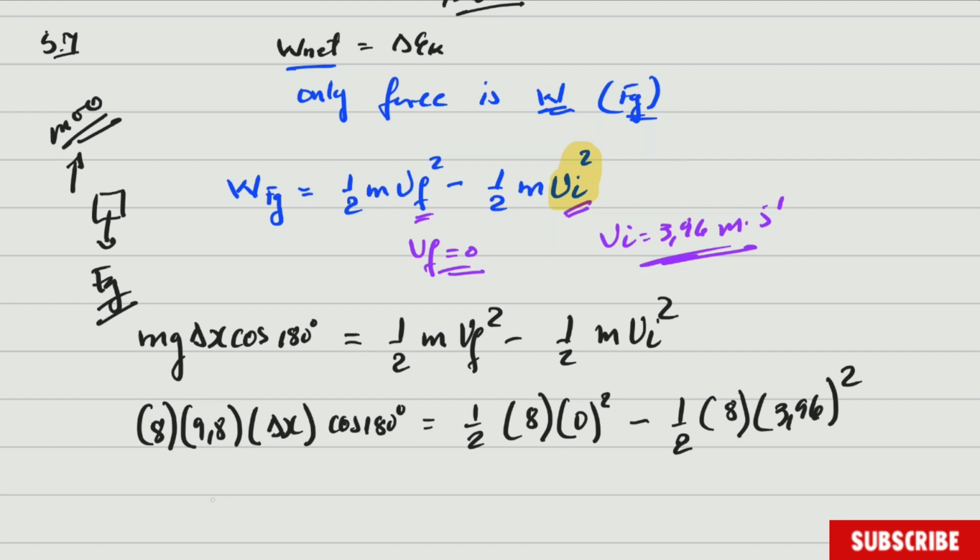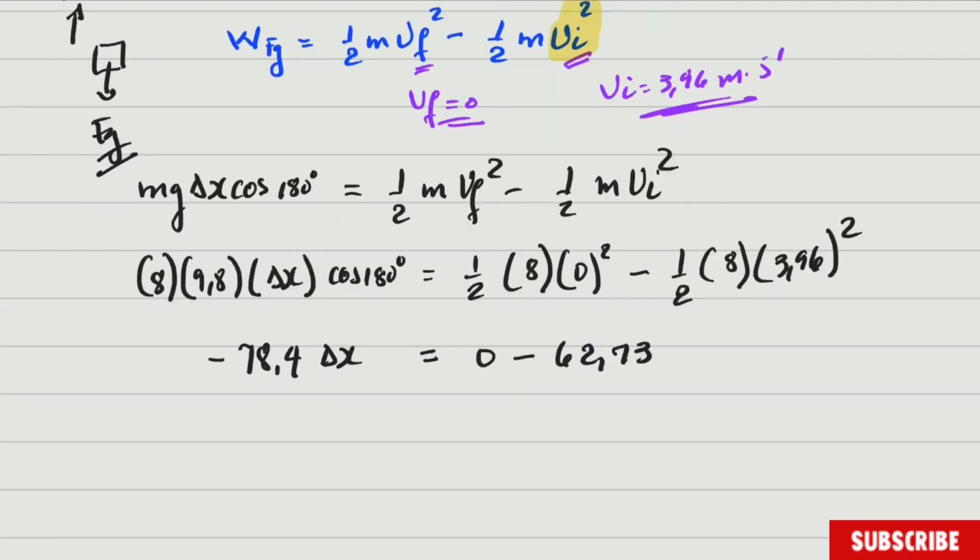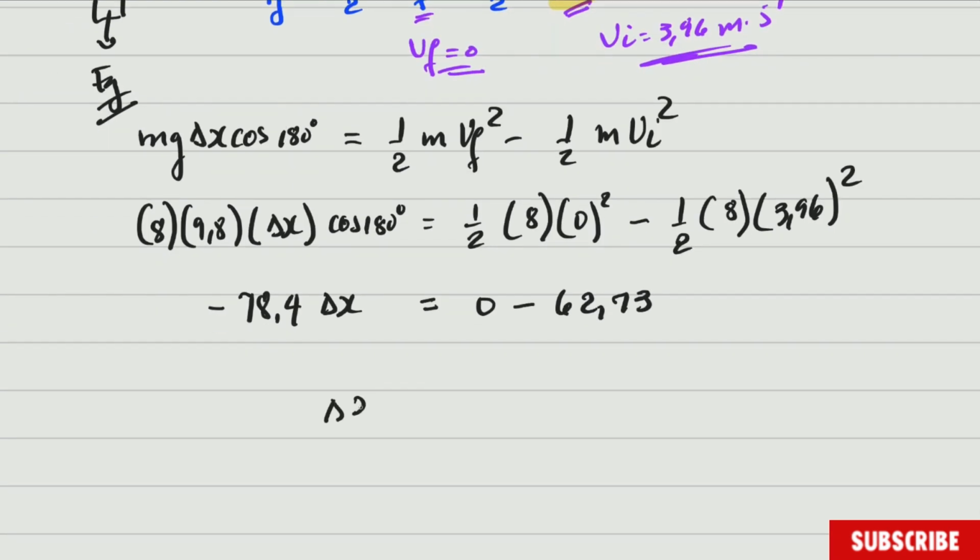So here we have minus 78.4 delta x equal to 0 minus 62.73. Now we rearrange this and we get the displacement, which is equal to 0.8 meters.